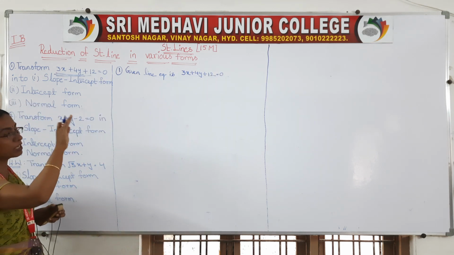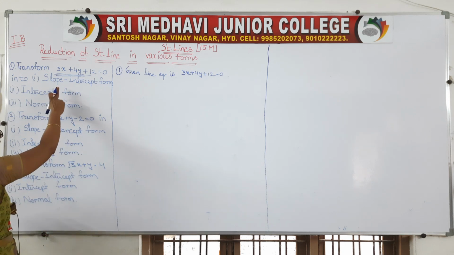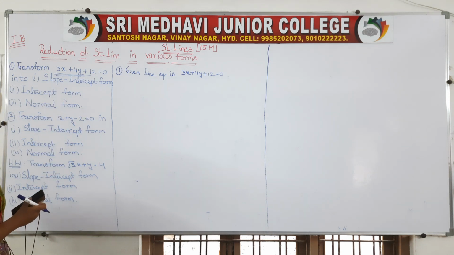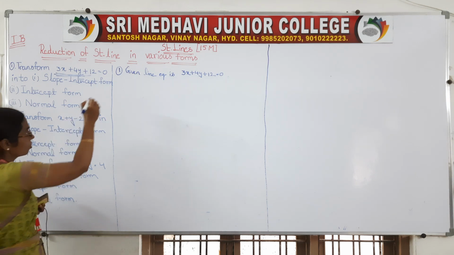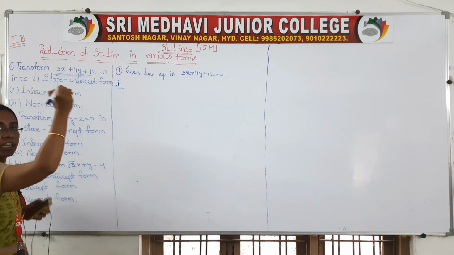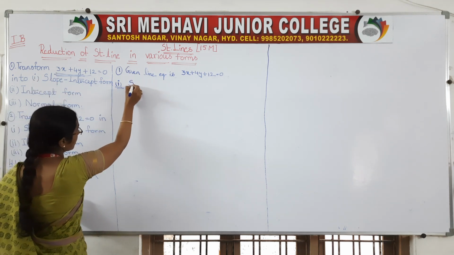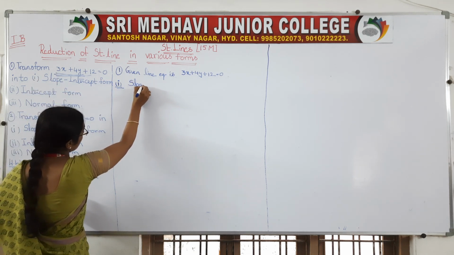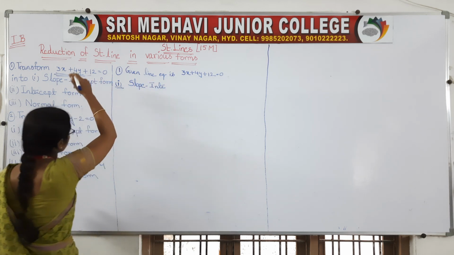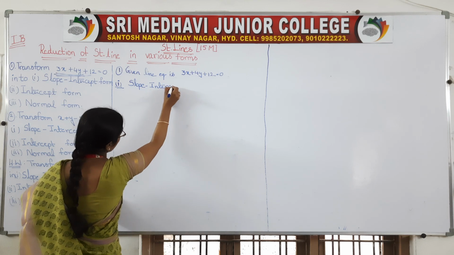We have to reduce this equation first into slope intercept form, then intercept form, then normal form. Observe carefully, be attentive, it is a little bit lengthy problem, and we have to follow the rules also. First thing is slope intercept form.